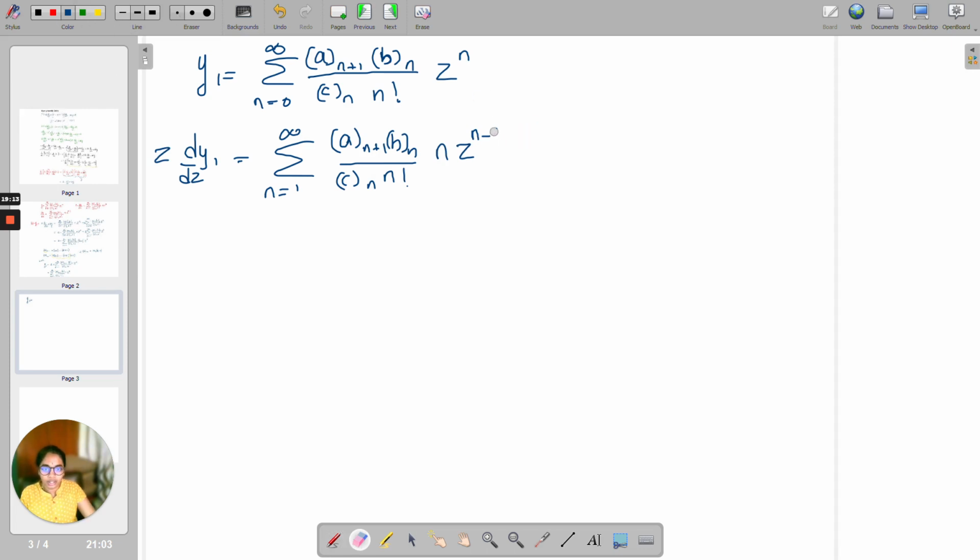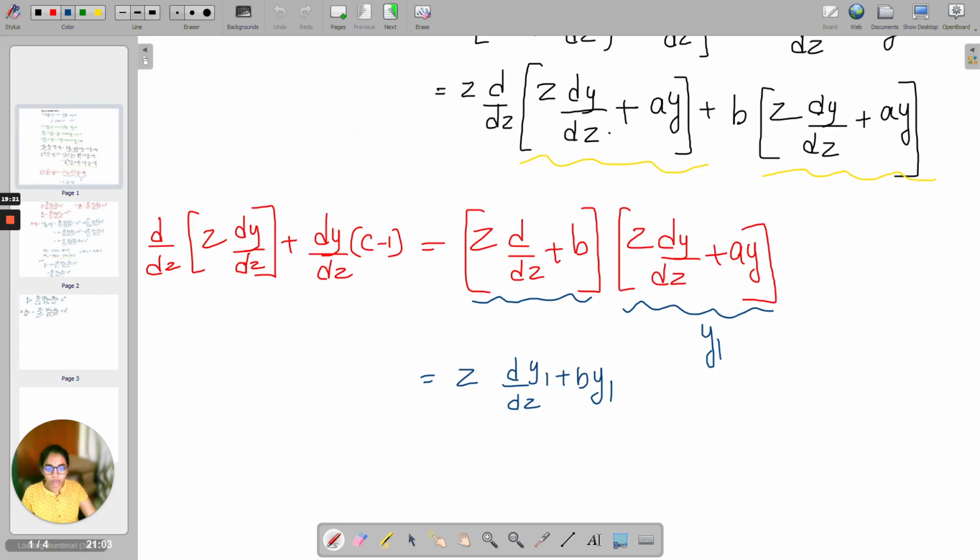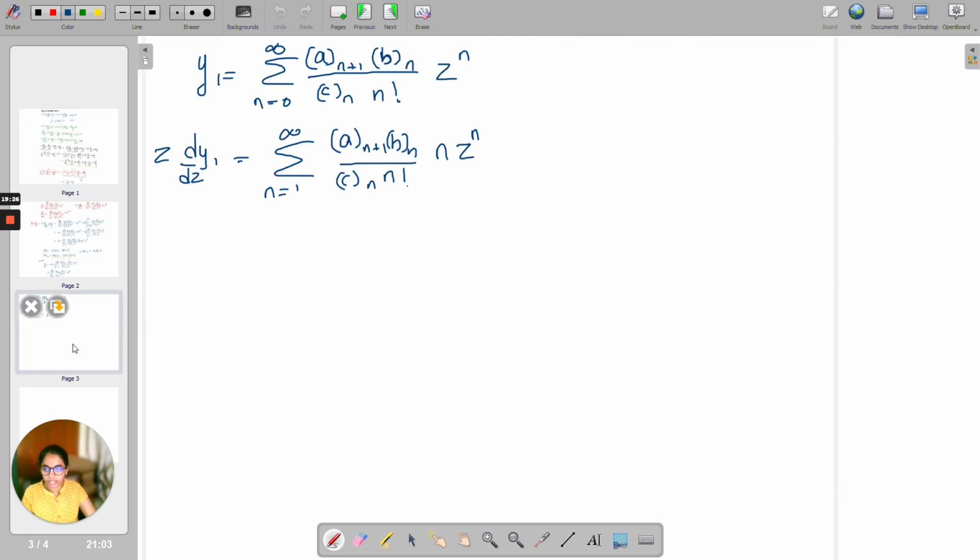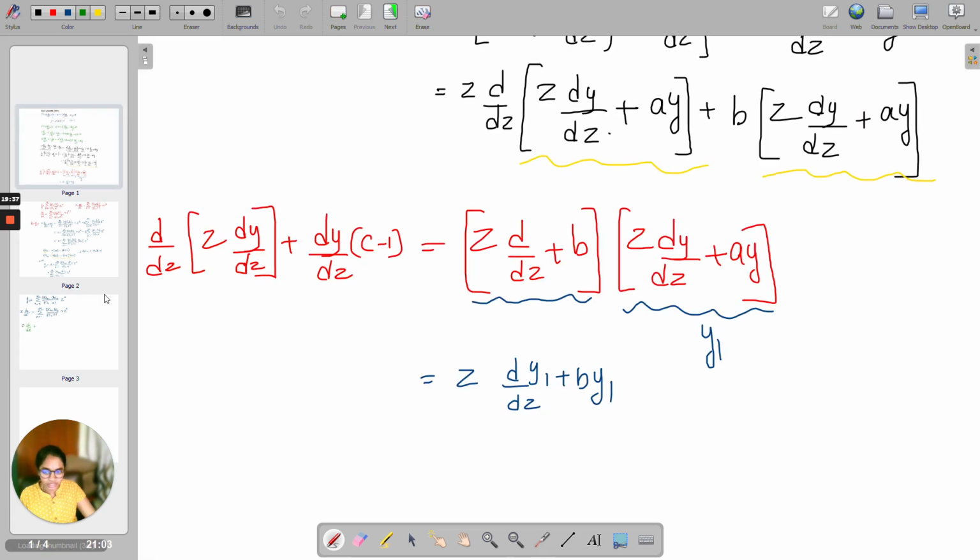This z goes away. That is z power minus 1, which is nothing but 1 divided by z. It cancels out. Now let me take this equation. What was it? z dy1/dz plus b y1, right?